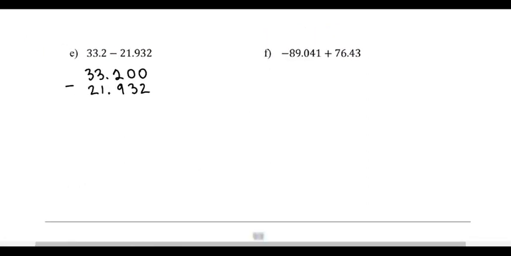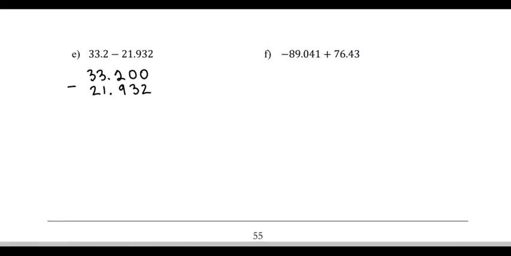Apologize, something happened to my screen. All right, so here we are. I can't take 2 from 0, and then there's another 0. So 2 is the first digit that lets me borrow something, 9 and 10. So 10 minus 2 is 8, 9 minus 3 is 6, and I can't take 9 from 1, so I'm going to have to go and borrow some more. So I have 2, and now I have 11.